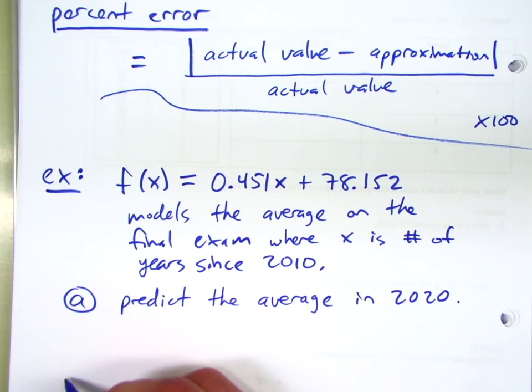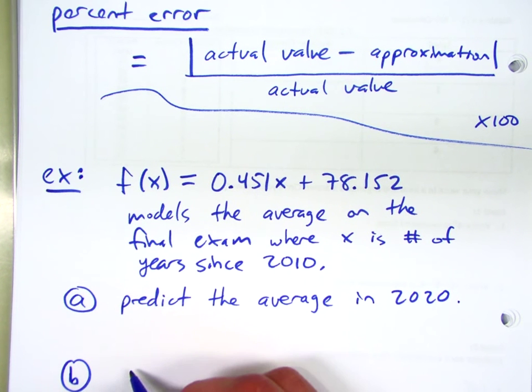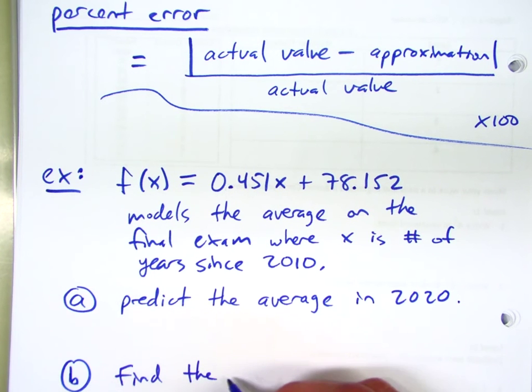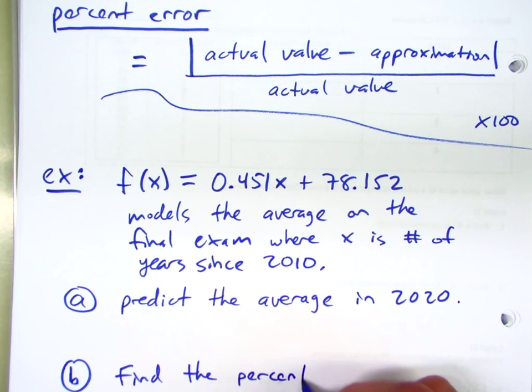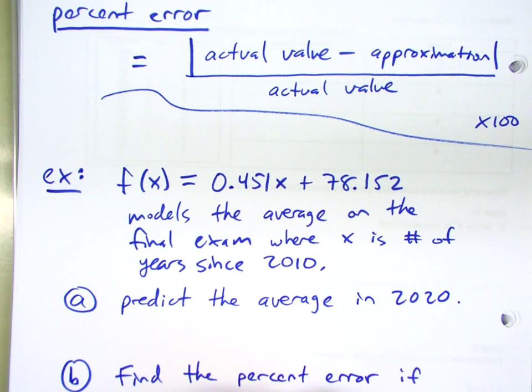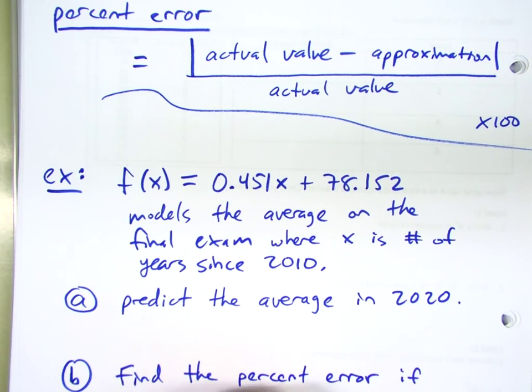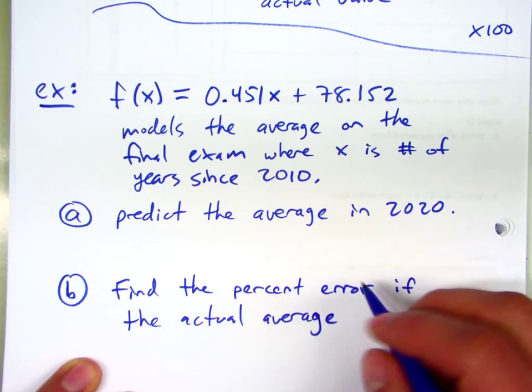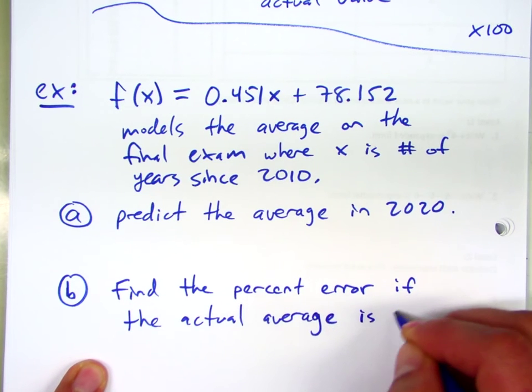And then once you have that, find the percent error if the actual class average is 83.4%.